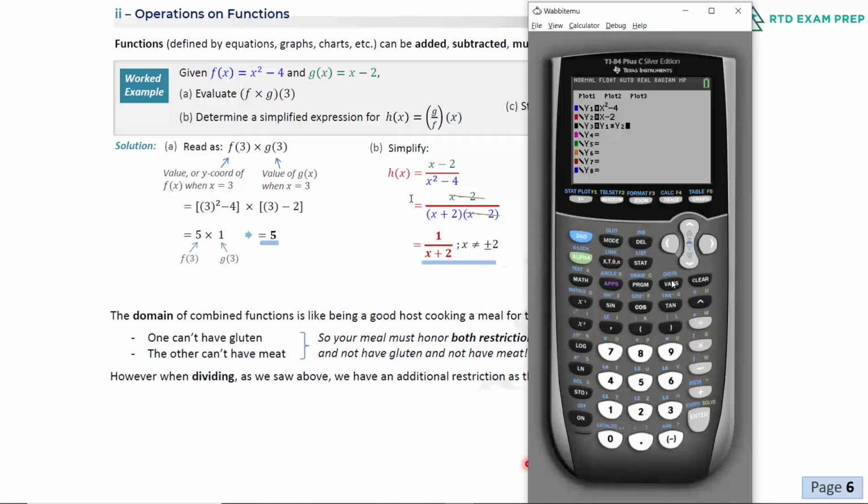And I'm not going to bother going to a graph, although we could use that later for some examples. I'm just going to go second table. And what this question asked us to find was the value of f of 3 times g of 3. So if I move down to where x is 3, we'll see that in the y3 position, which was y1 times y2, our output value is 5.